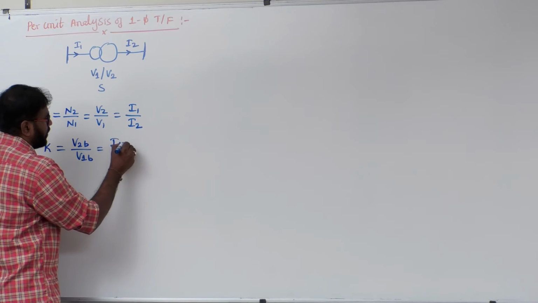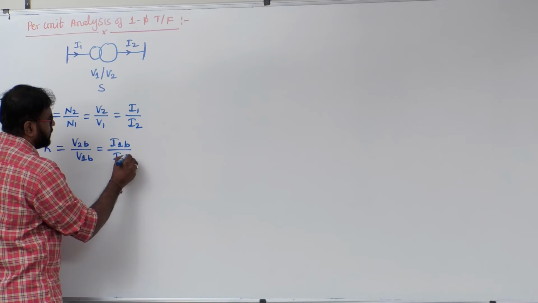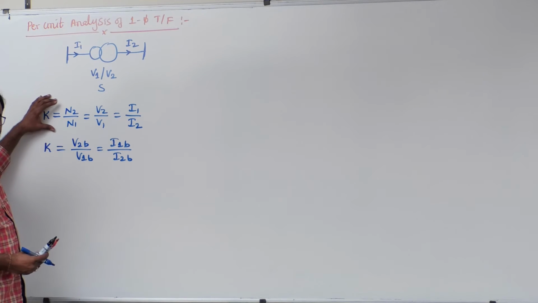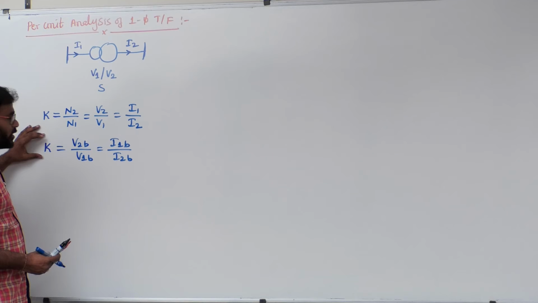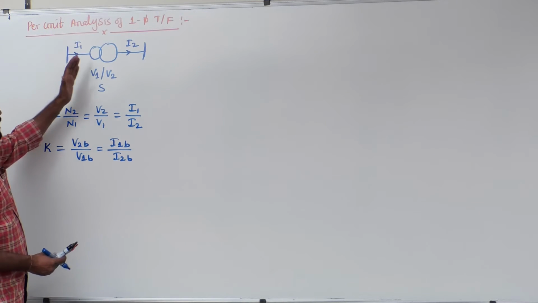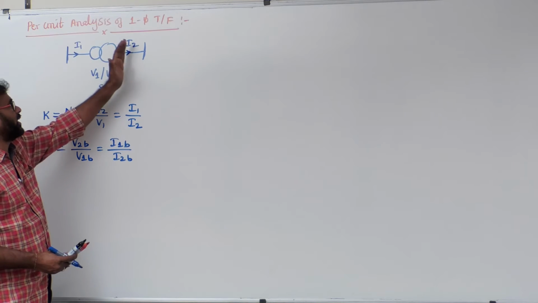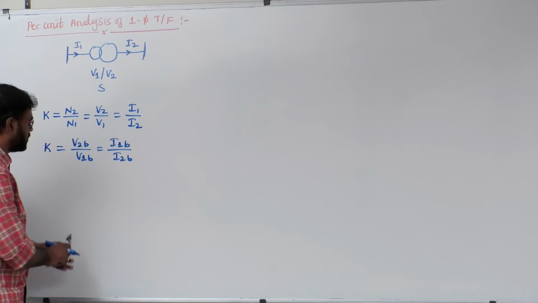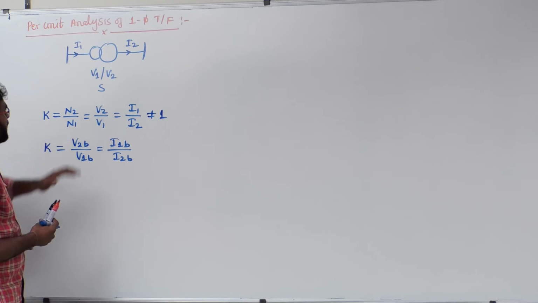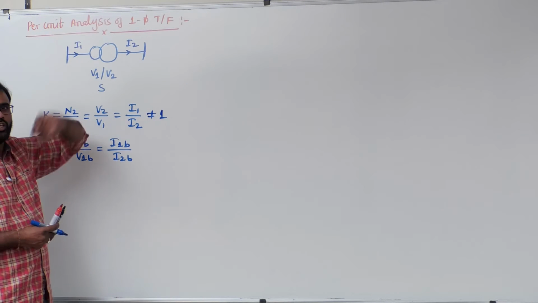Nothing wrong to say I1 base by I2 base. Now this is always valid. Just like actual, for base quantities also the transformation ratio whatever you define is valid. But the primary is operating at a different voltage, secondary also operating at a different voltage. That means K is not equal to 1. Correct or not?